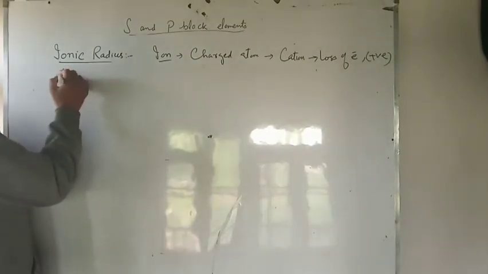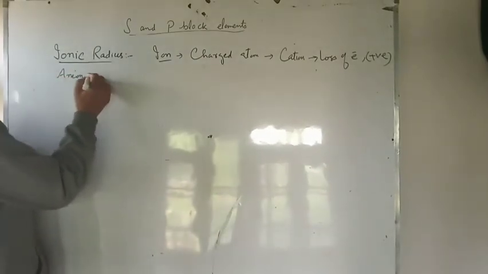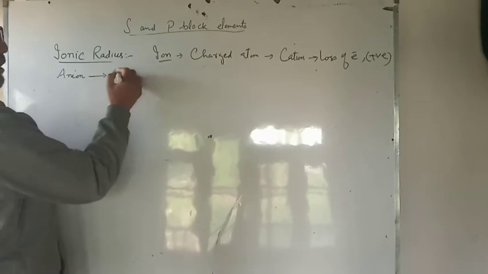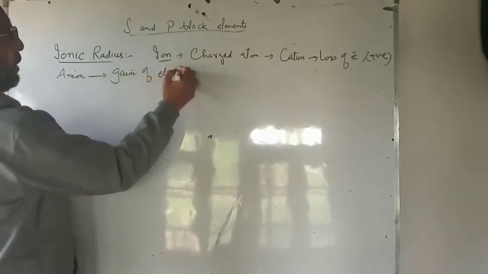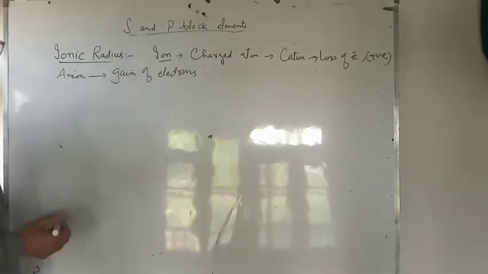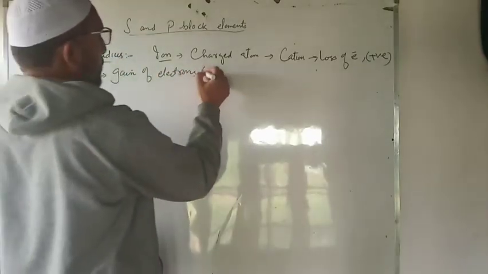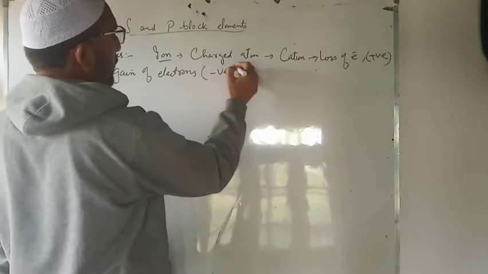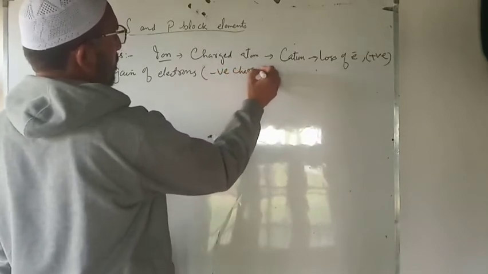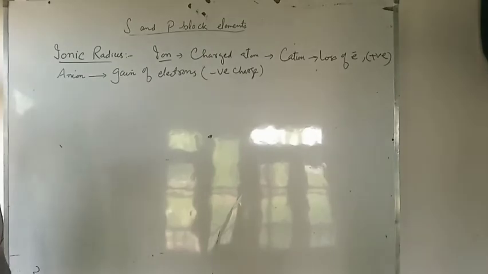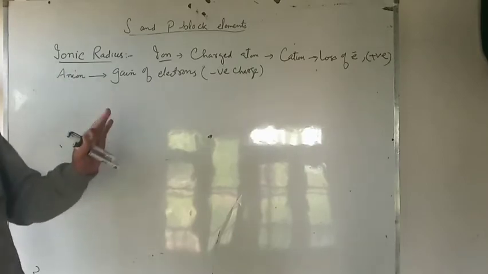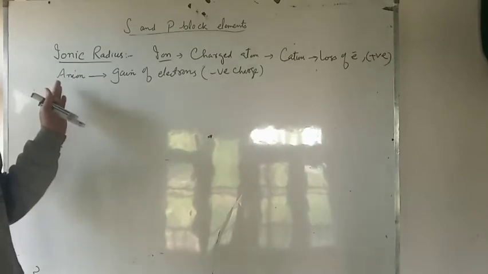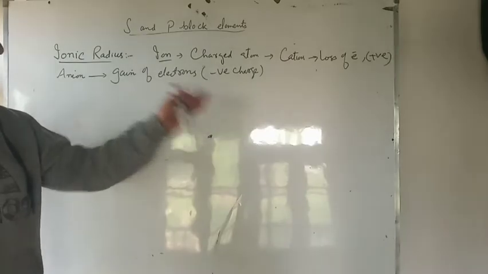Another ion is anion, and that anion is formed by gain of electrons. Due to this gain of electron, this ion develops negative charge on it. So there are two types of ions, cations and anions. Cations carry positive charge because of loss of electron, and anions carry negative charge because of gain of electrons.